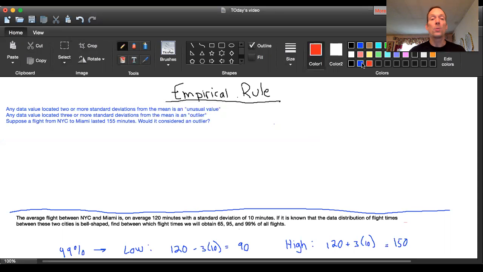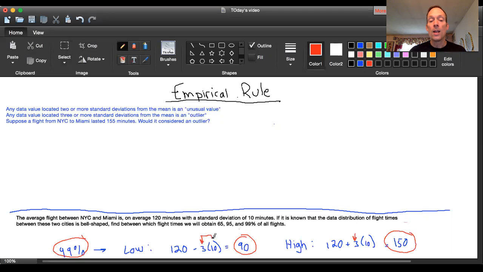And the really fast way to answer the question is, from the last video, we happen to know already that 99% of our flights are going to last between 90 minutes and 150 minutes. And we know that because the empirical rule told us that we're going to find 99% of the data in the data set when we go 3 standard deviations below the mean and 3 standard deviations above the mean.